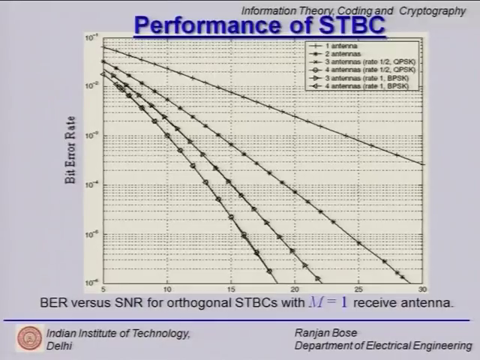So the point is that as we go from 1 antenna element at the transmitter to 2 antenna to 3 to 4, clearly the diversity gain, the slope, improves and improves, but the improvement is decreasing. So we have a humongous improvement from n is equal to 1 to n is equal to 2.